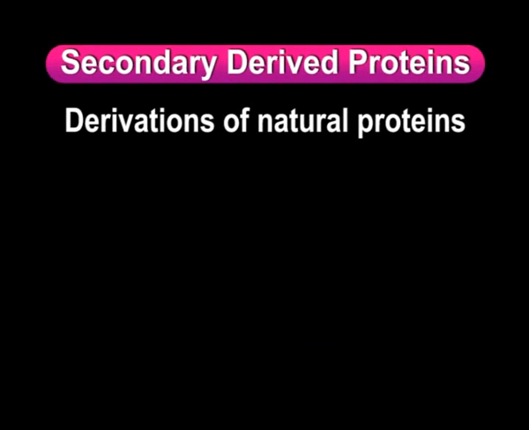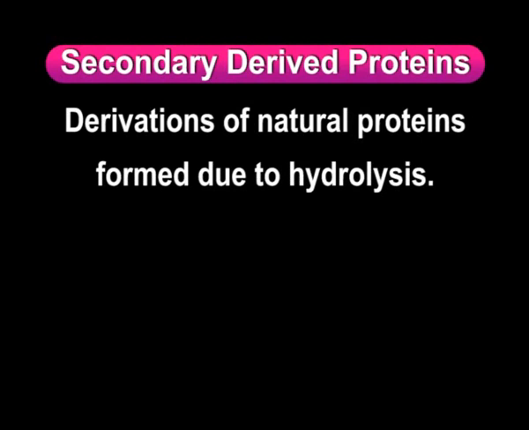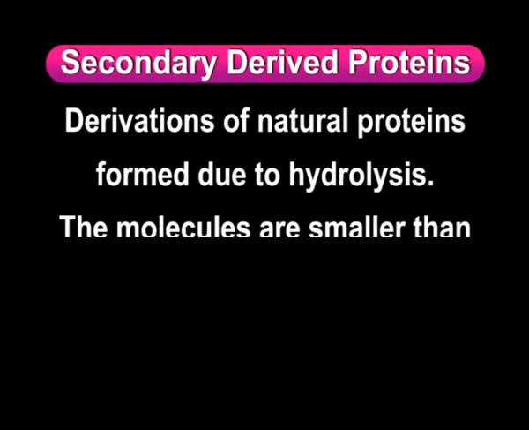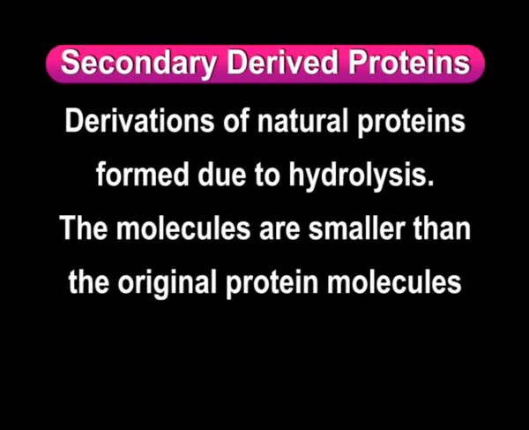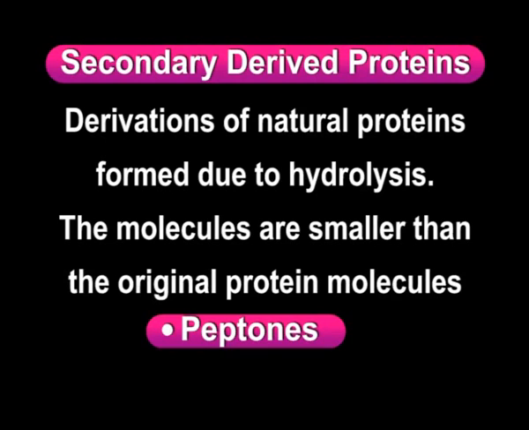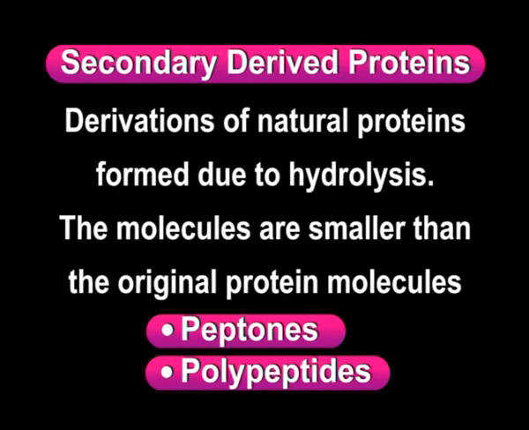Secondary derived proteins. Derivations of natural protein formed due to hydrolysis. The molecules are smaller than the original protein molecules. They are peptones and polypeptides.